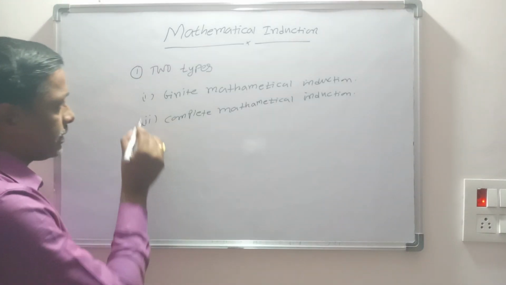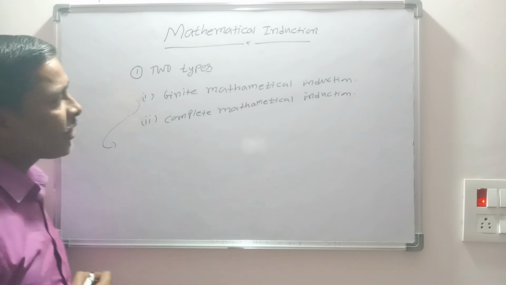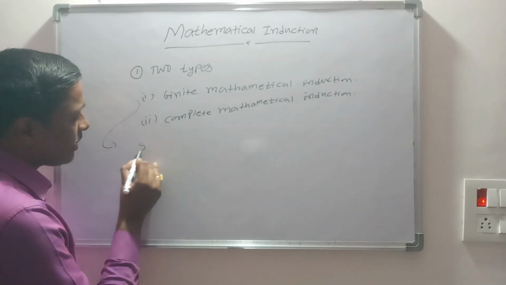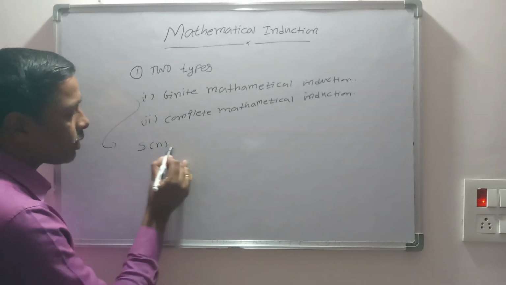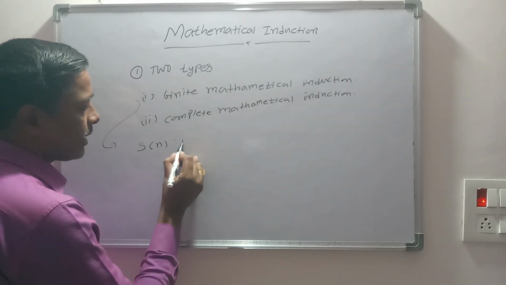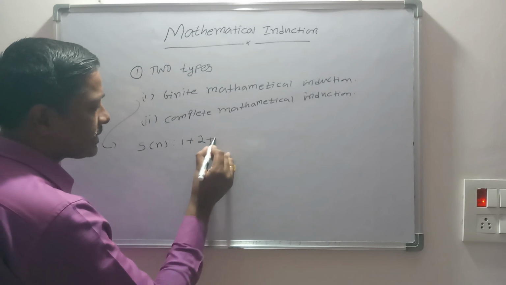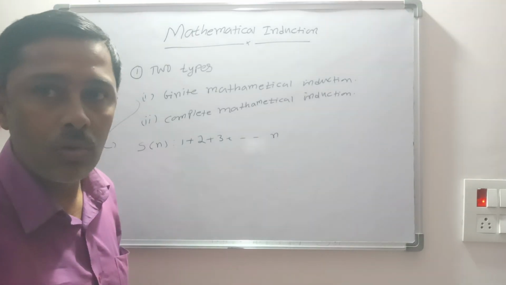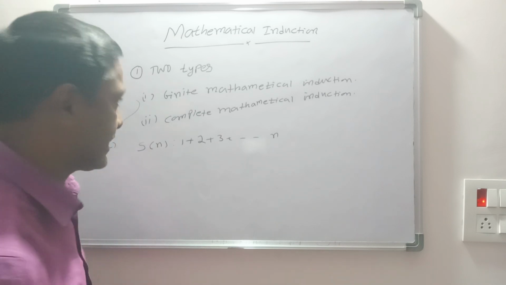First one, what is finite mathematical induction? For example, S of n equal to some data, 1 plus 2 plus 3 plus so on n. How to prove using finite mathematical induction?